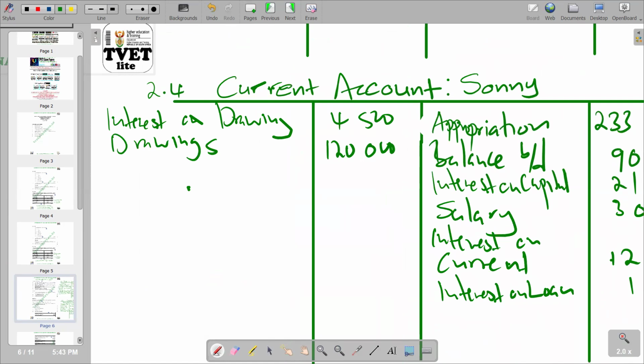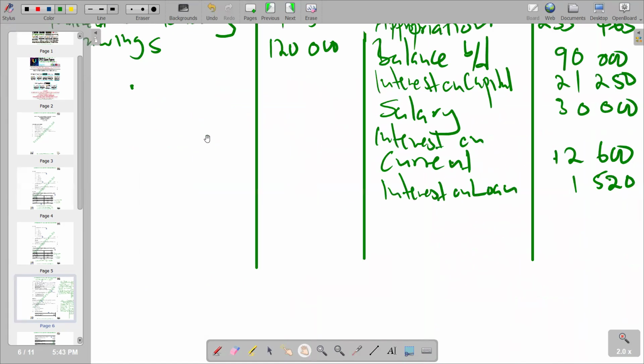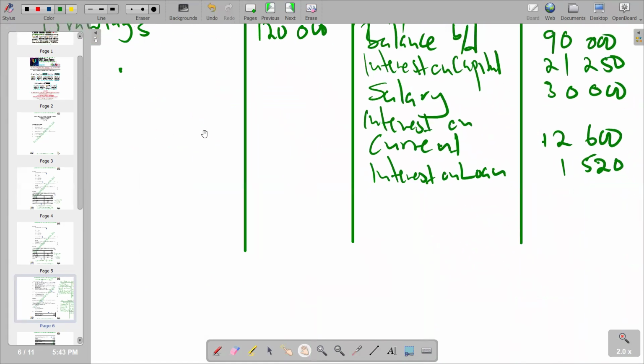So we can now balance our account. We add the debit, we add the credit. We see which total is greater. But we're going to see that the credit side is going to be your greater total. So we can put our double lines. So we have our double lines.